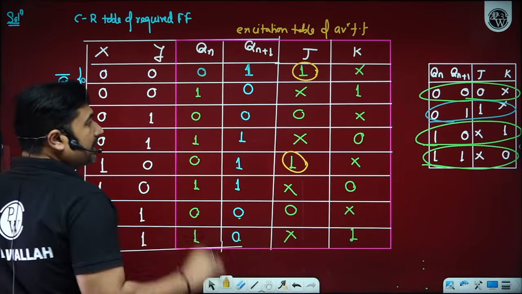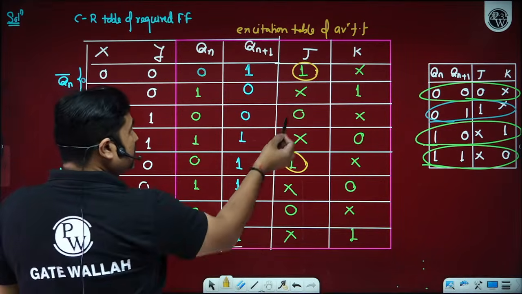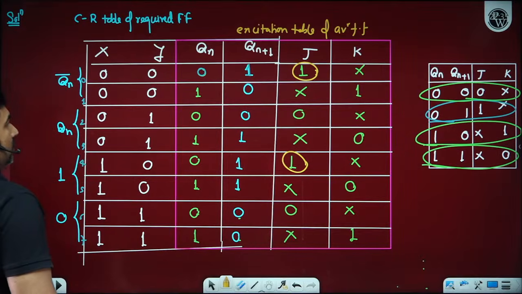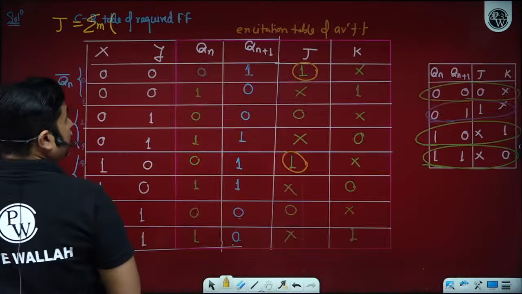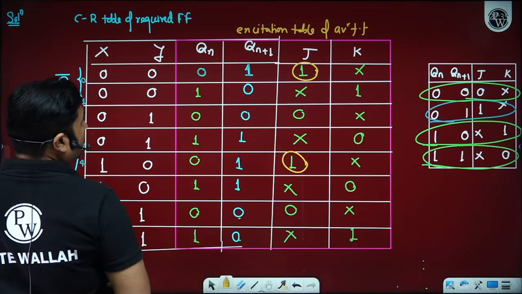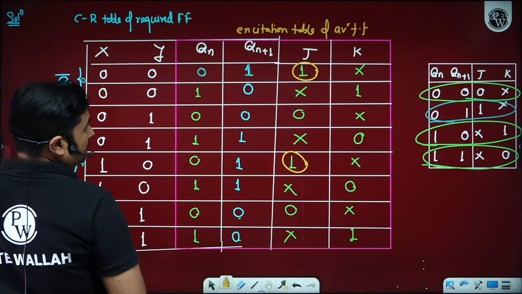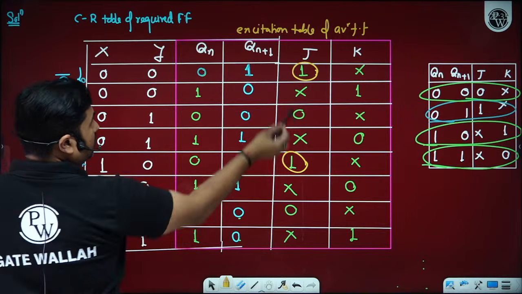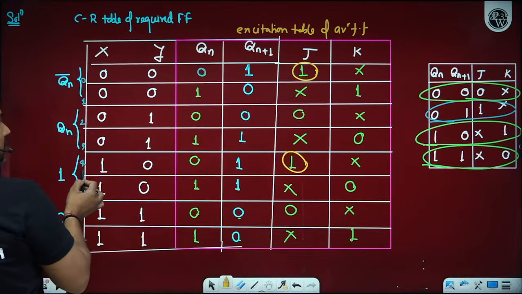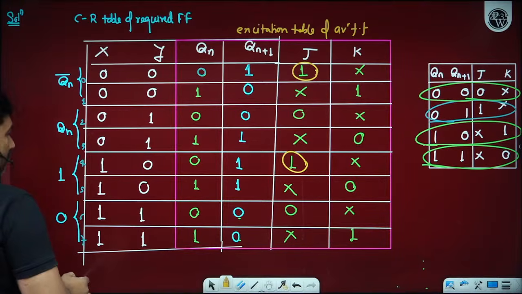Here the don't cares are also very important and logic zeros are also very important. Two logic zeros, 2 and 6. 2 and 6 are logic 0 and there are only two positions where we are getting logic 1, 0 and 4.